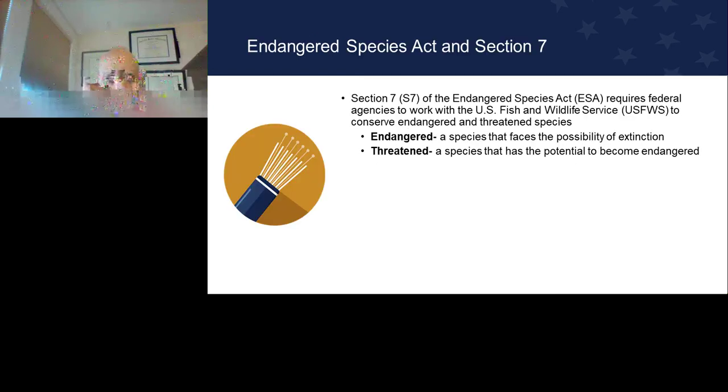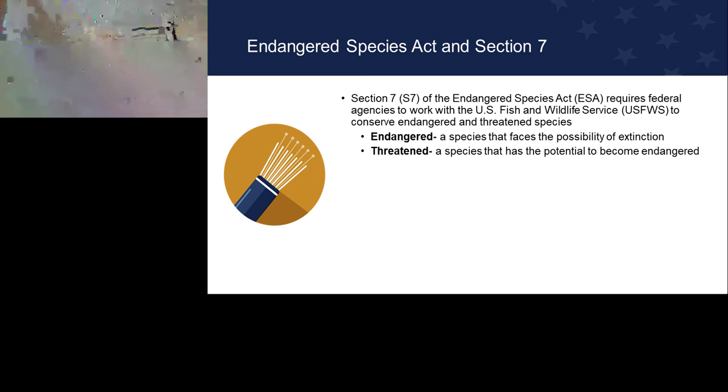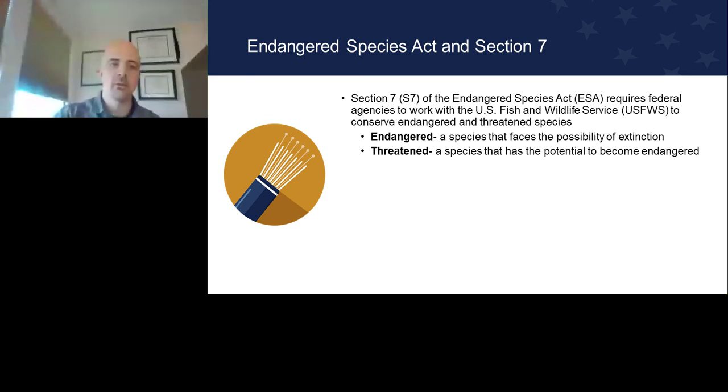And to complete Section 7 informal consultation, a lot of this information is in the application, but you need an official species list for the areas where the proposed project is to be located.